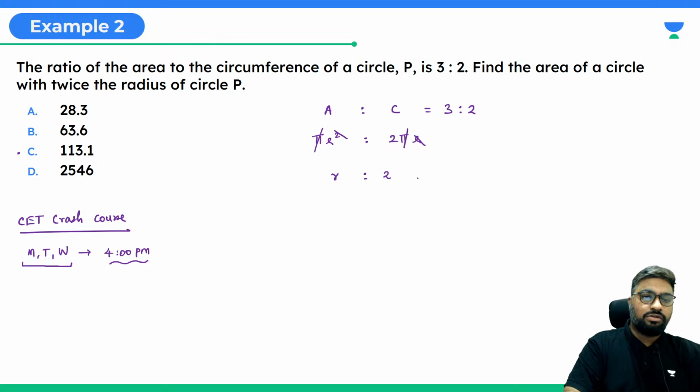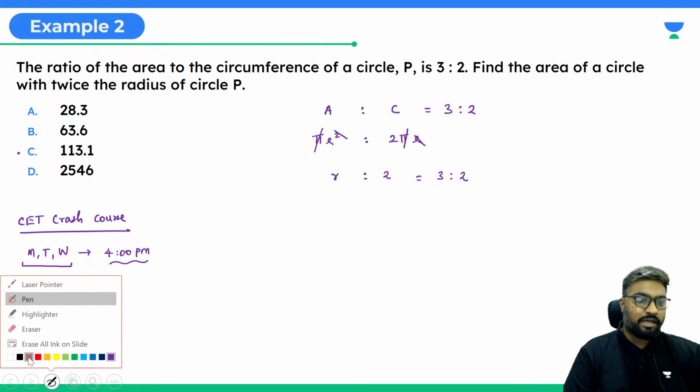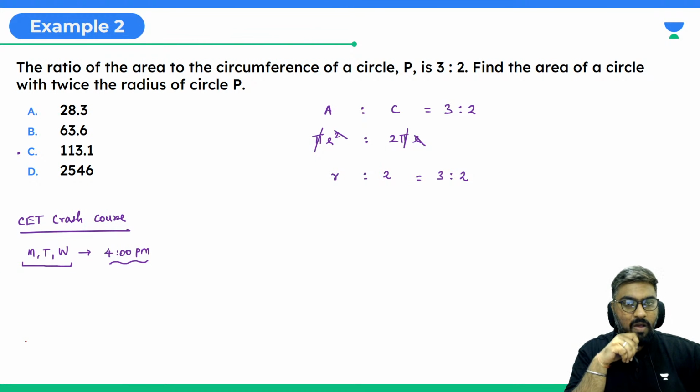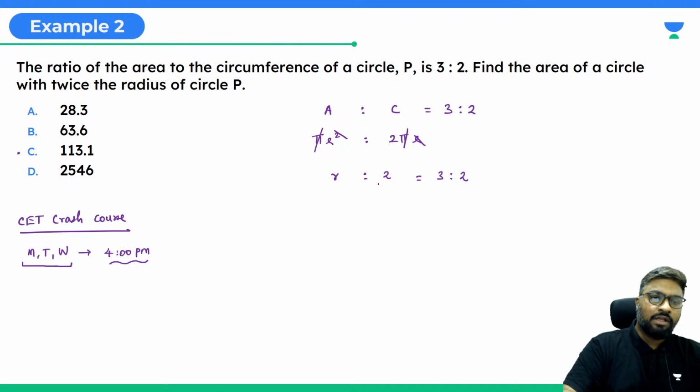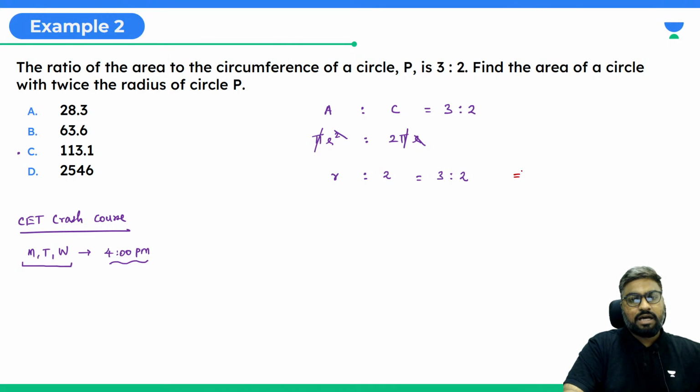Yes, r is to 2 is equal to 3:2. From here, what can we get? Can we say that the r, the radius is 3? Do you agree, guys?